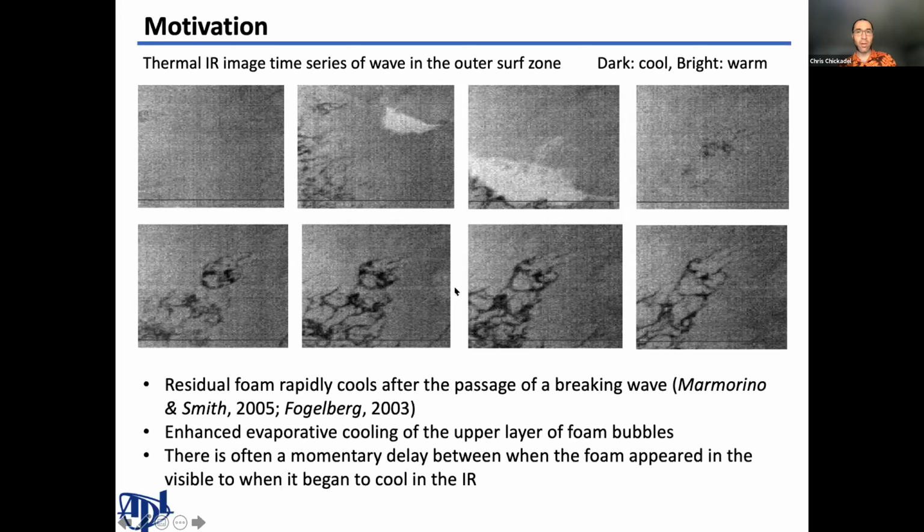There is some speculation about what's going on. We've done some investigation, and it looks like, as some had expected, enhanced evaporative cooling in the foam layer that's exposed to the surface promotes a very rapid cooling relative to the cooling of the undisturbed water around it. What's interesting is trying to understand what this momentary delay is, whether it was just the cooling mechanism or something physical to do with the bubble plume generation.